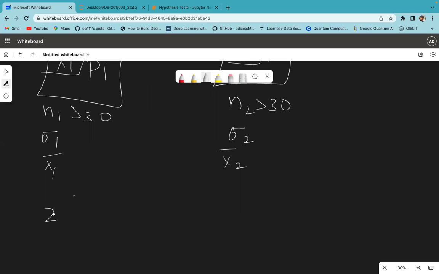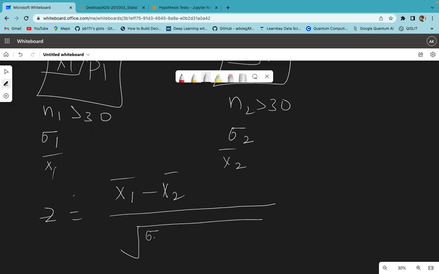So how can we calculate the Z value? If you want to calculate the Z value, we take the difference of sample mean 1 and sample mean 2, divided by the square root of standard deviation 1 squared by n1 plus standard deviation 2 squared by n2.